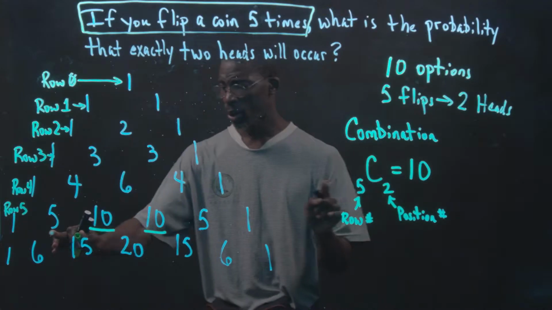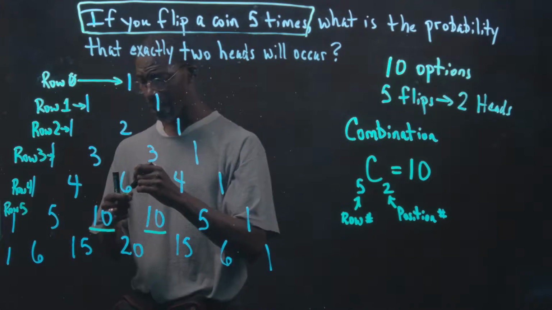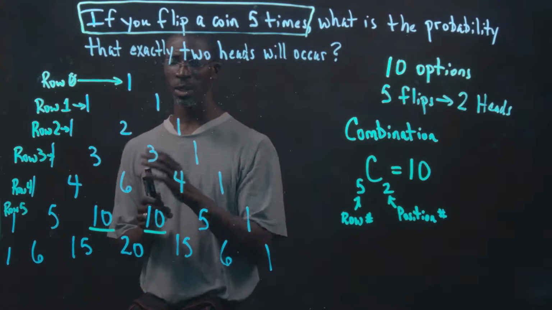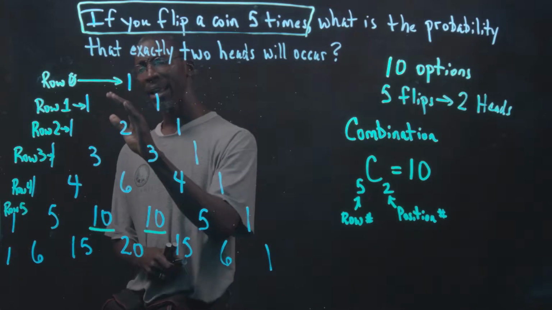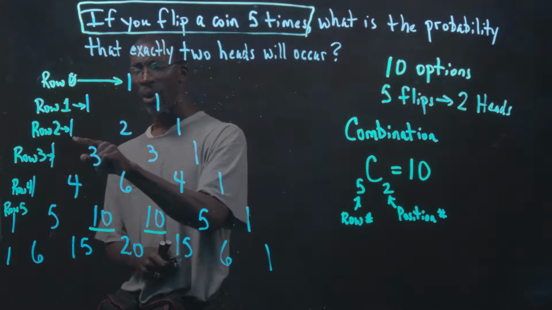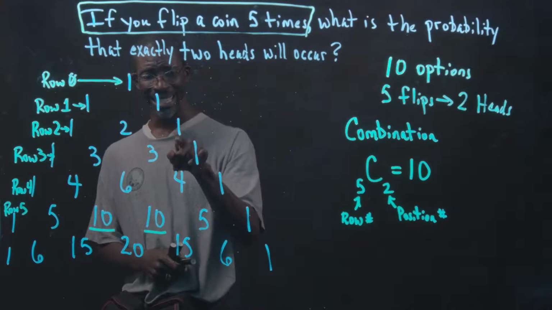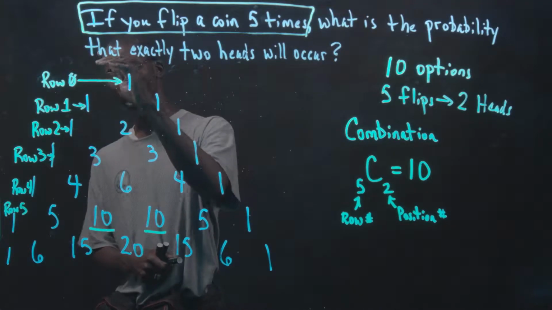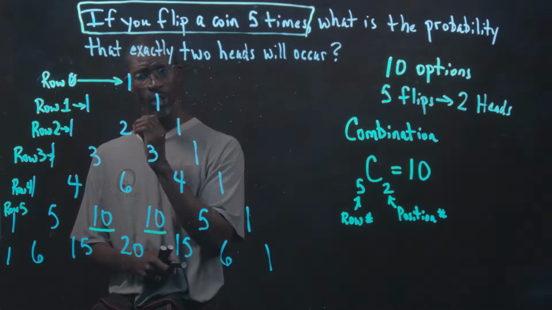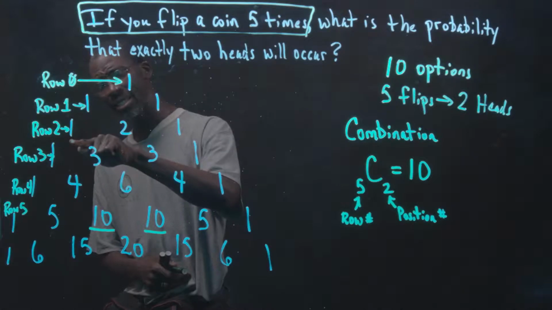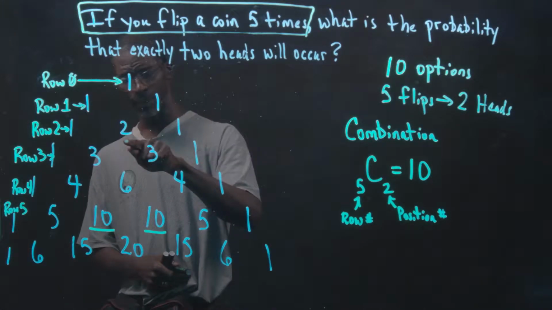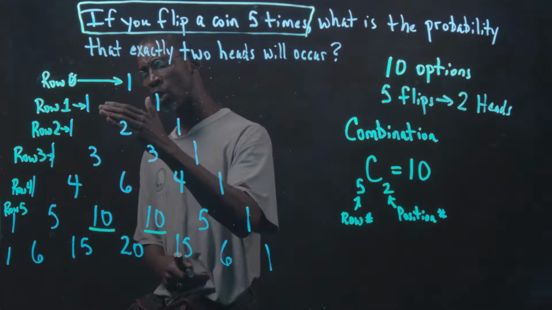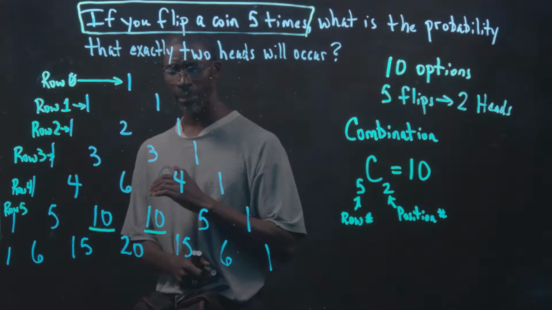Row number here, again, counting in Pascal's triangle, everything begins with a 0. So if I'm looking at a particular row and I want to get to a particular position inside the row, this is position 0. All things in Pascal's triangle start with 0 when counting. This is position 0. This is position 1. This is position 2. Let's go to row 3 and try to follow that same line of reason.